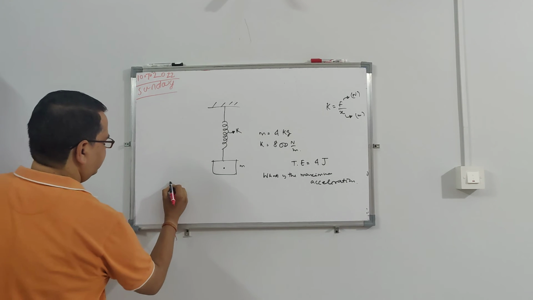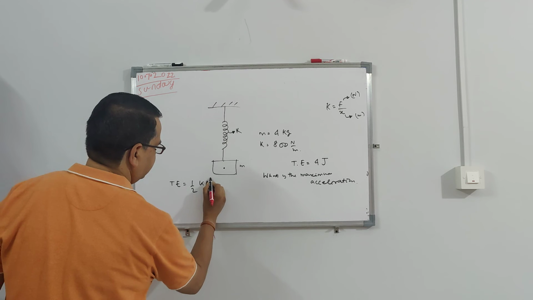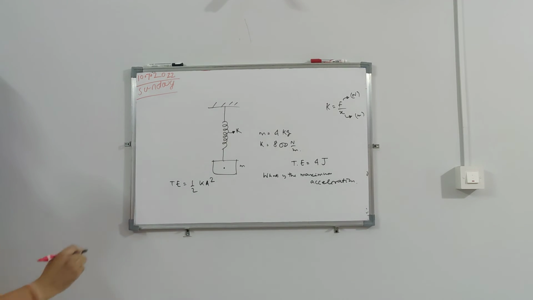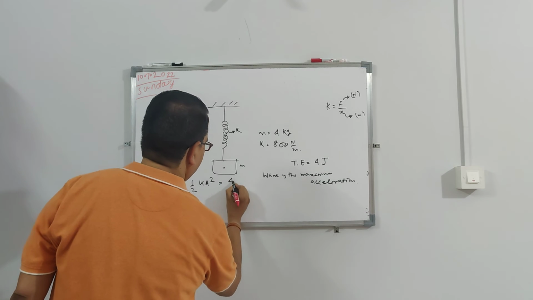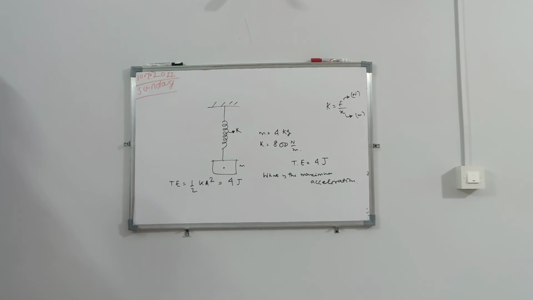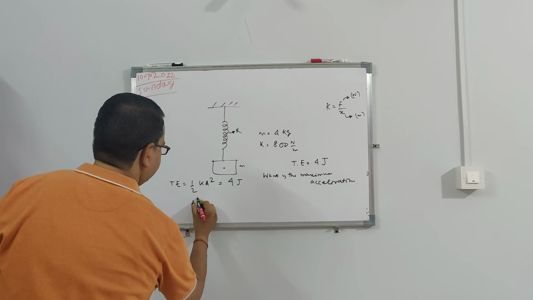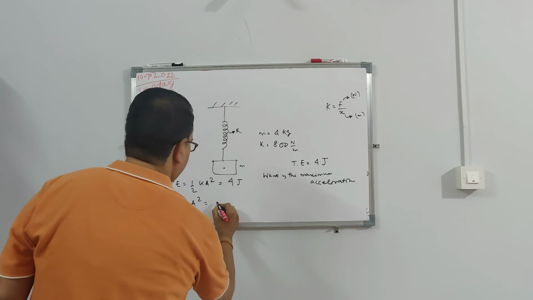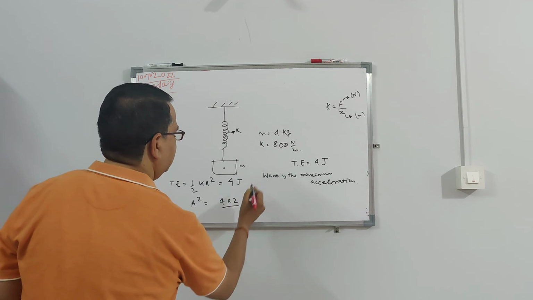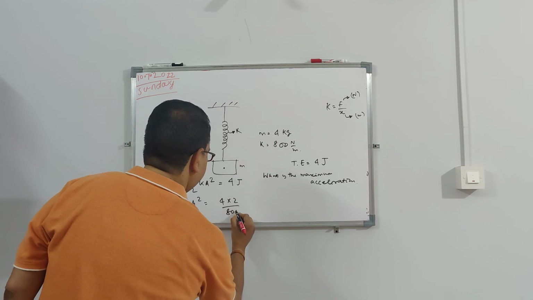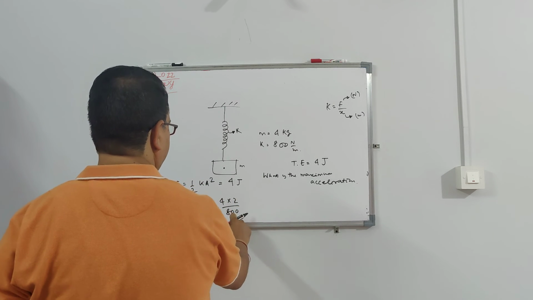So I know my total energy is equal to half K A square. Correct? So half K A square, the total energy, is equal to 4 joule. K we know, so A square is equal to 4 into 2 divided by K, which is 800.